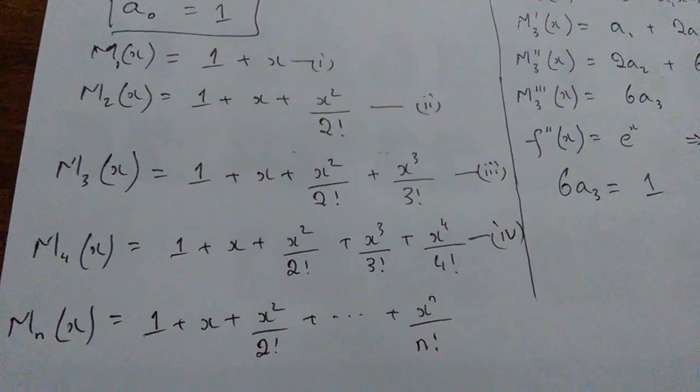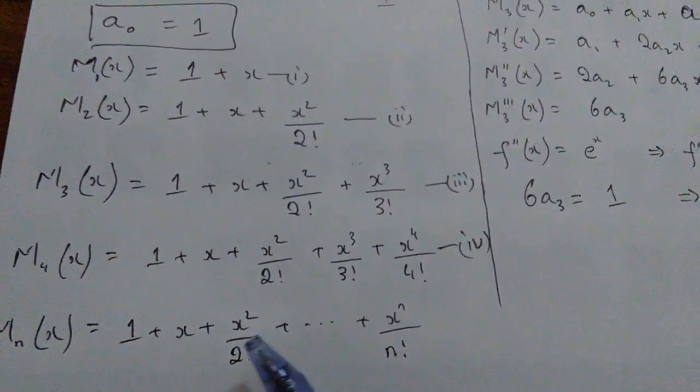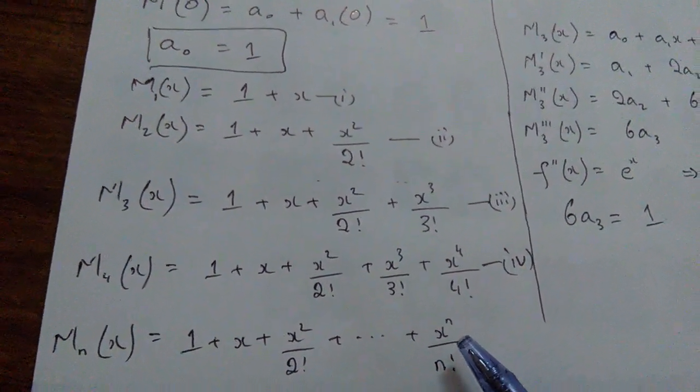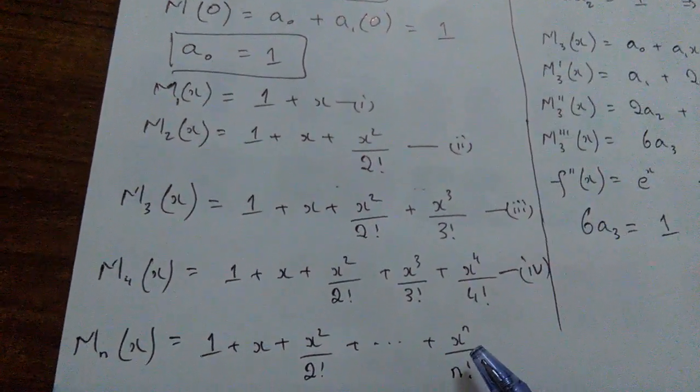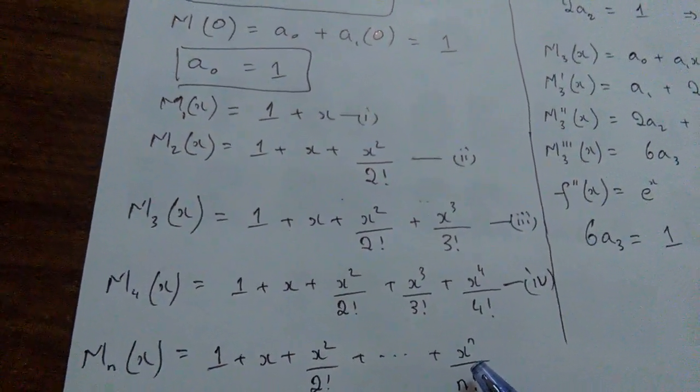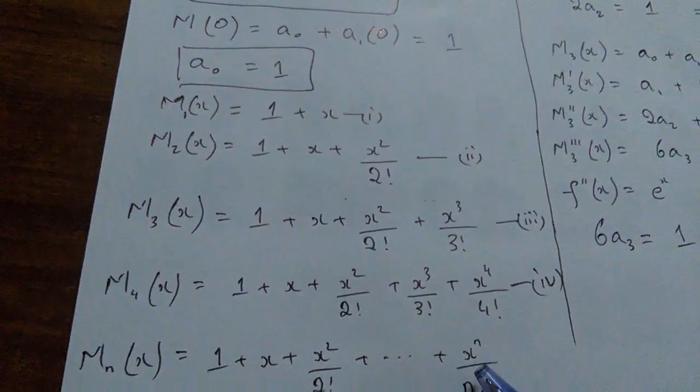So you see, this nth degree polynomial approximation for the function f of x at x equals 0 is called the nth degree Maclaurin polynomial for f.